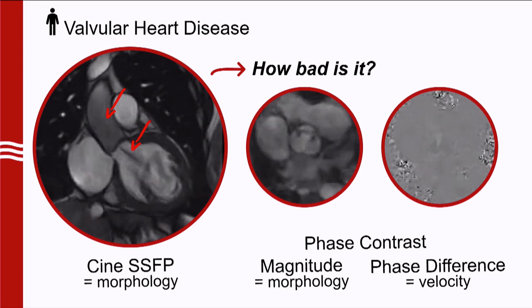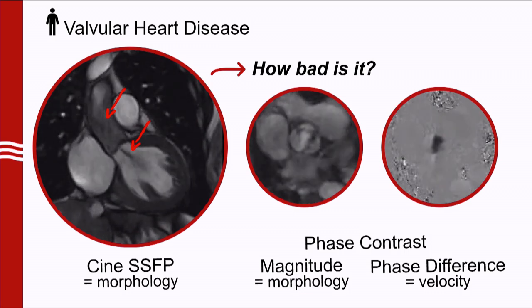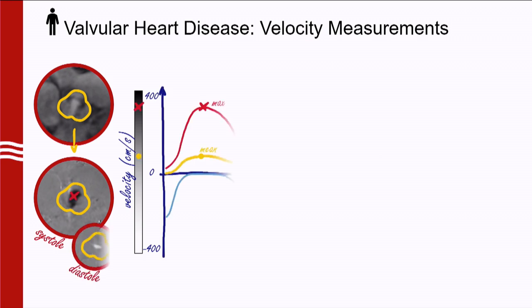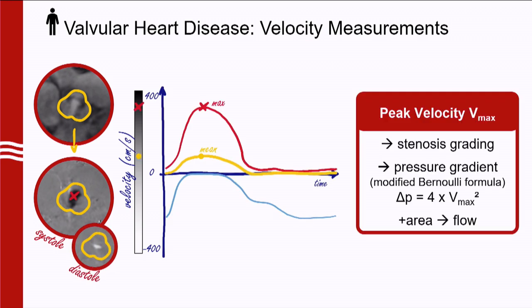To do that, you need quantitative flow imaging, and you need to measure the velocity. So we do that, and we get the peak velocity, which then tells us how severe the stenosis actually is, and this is a moderate stenosis with almost 4 meters per second. If we're feeling very fancy, we can even calculate the pressure gradient. Then that's the first pathology to analyze.